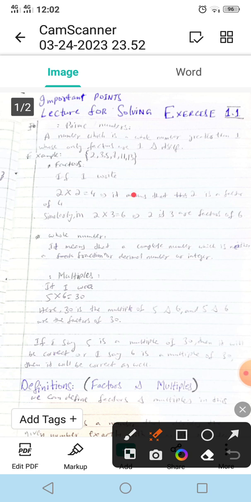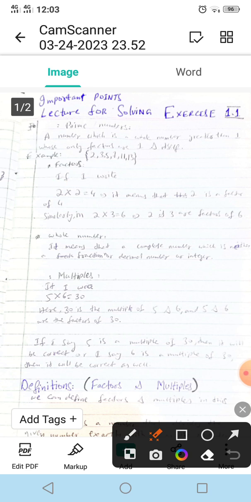In this, 2 is a factor. Like let's take this example: 2 and 4. For understanding prime numbers, we have to study the definition of factors.